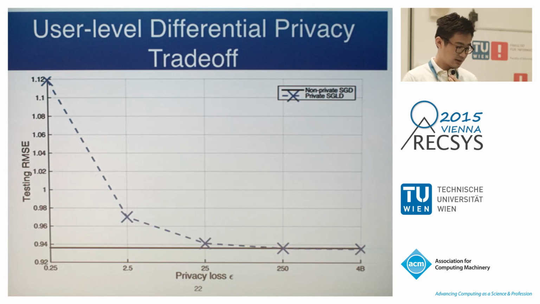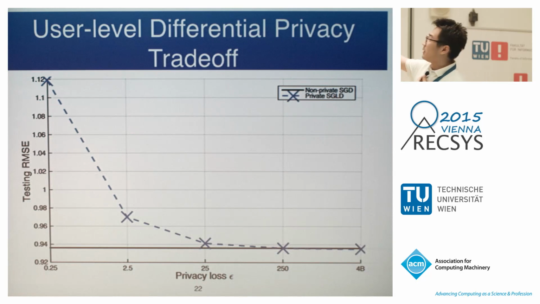We can have okay accuracy when we set the budget epsilon as 2.5, and we still can guarantee good differential privacy. To explain this figure as rating-level differential privacy, we just divide the axis epsilon by 200.